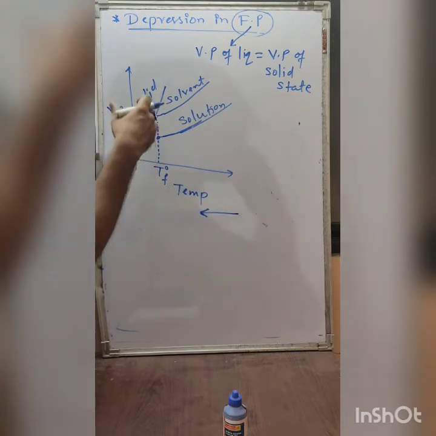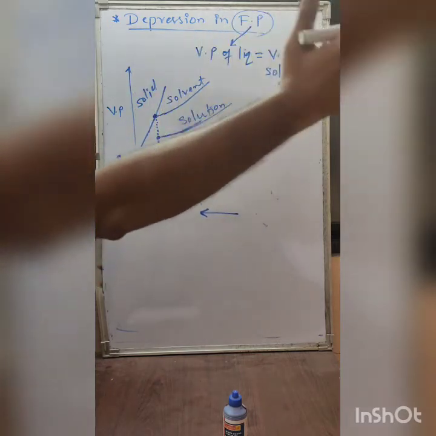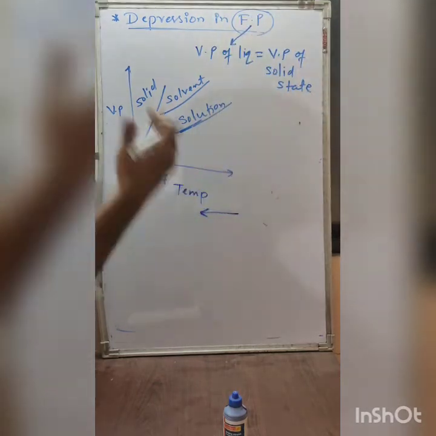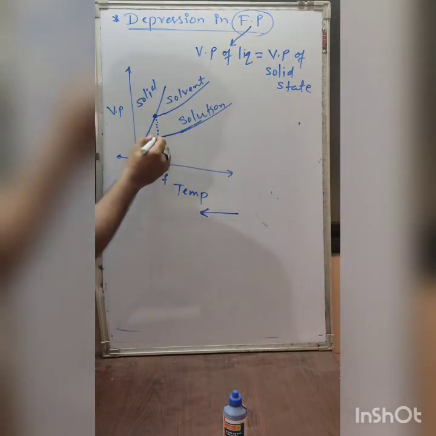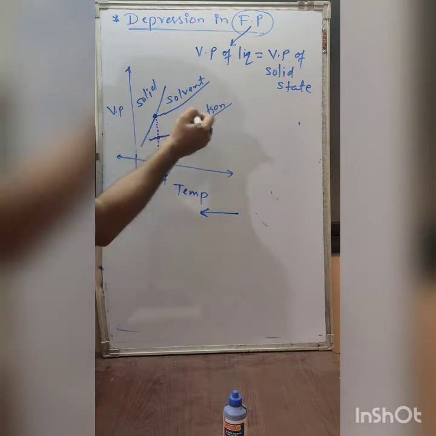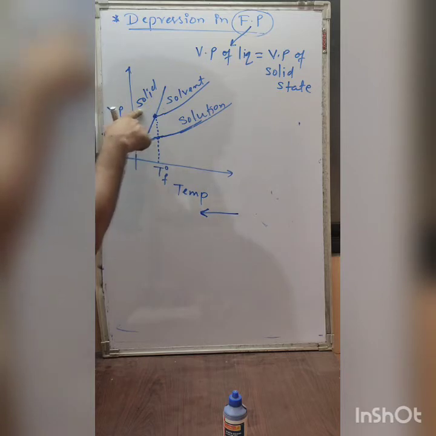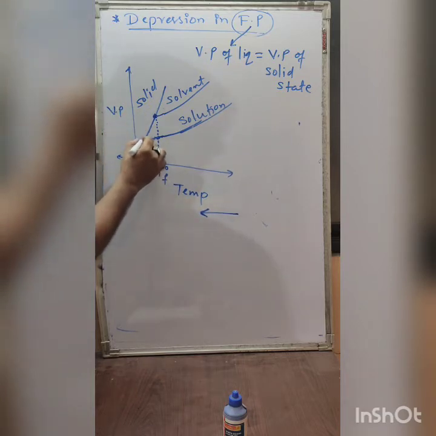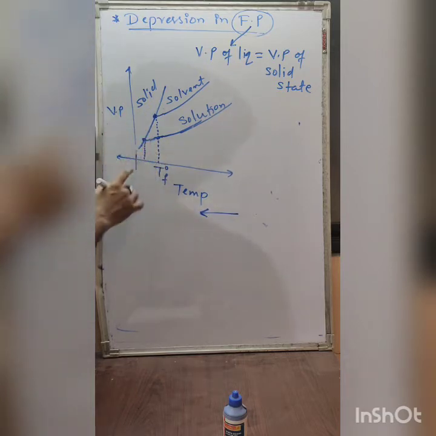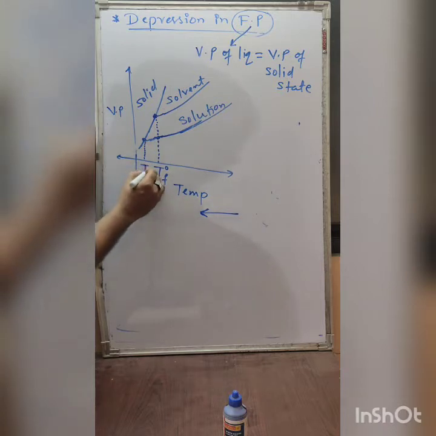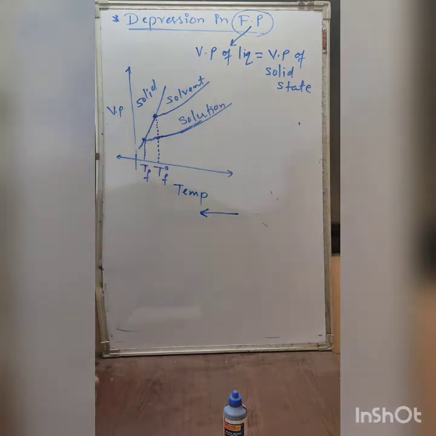So in order to freeze the solution, we have to decrease the temperature further, until the vapor pressure of the solution is equal to the vapor pressure of the solid state. At this temperature your solution will freeze.